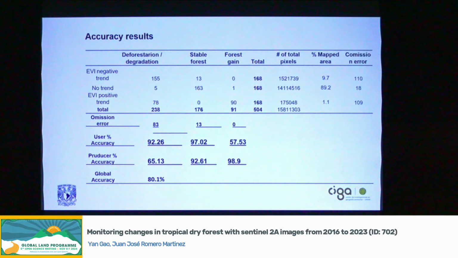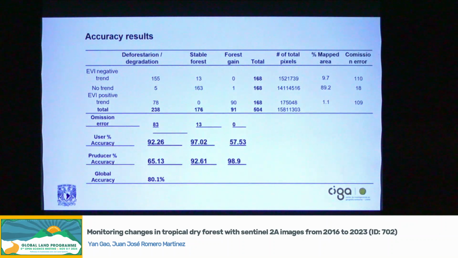I don't know if I understand. Why select that particular metric to present? Right. Actually, I believe the reason is that the accuracy assessment can indicate between forest gain and forest loss which one would be better.